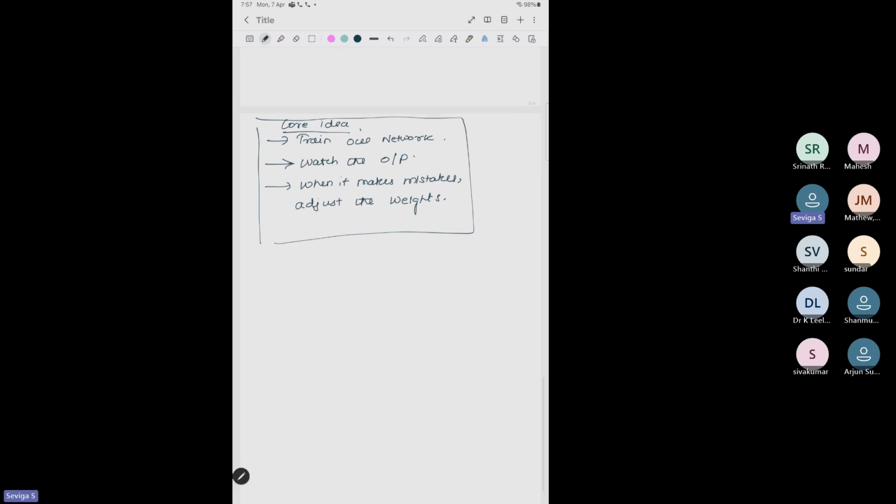So when we earlier saw the neural network, we had inputs, and we had weights for it. And we also had a term called bias.